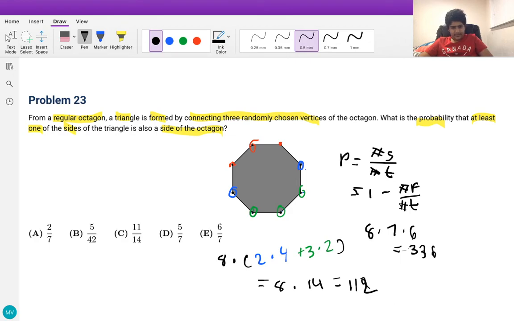So our apparent answer is 112 divided by 336, which isn't any of these choices.